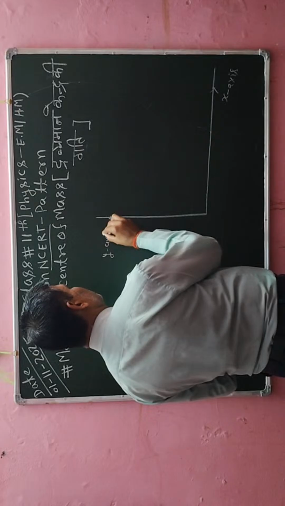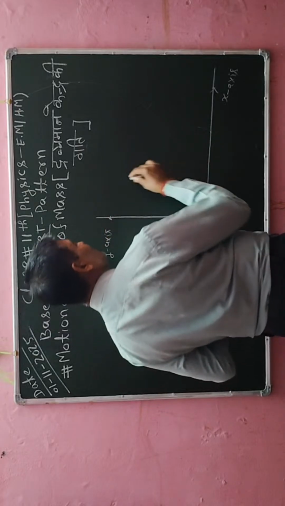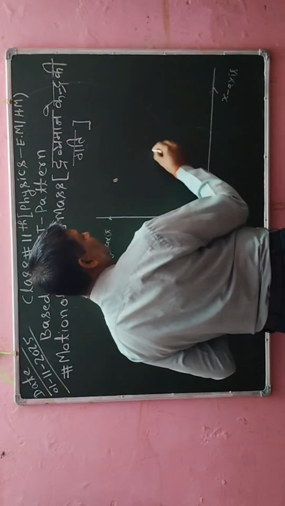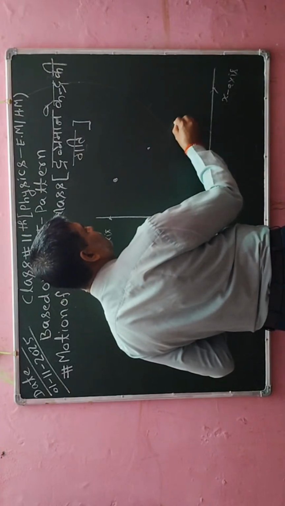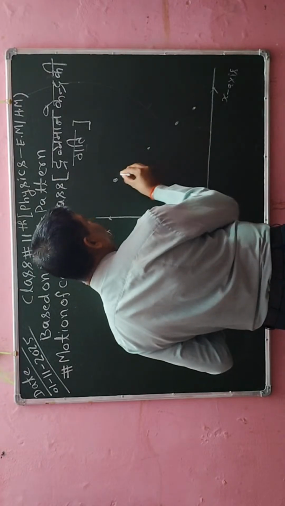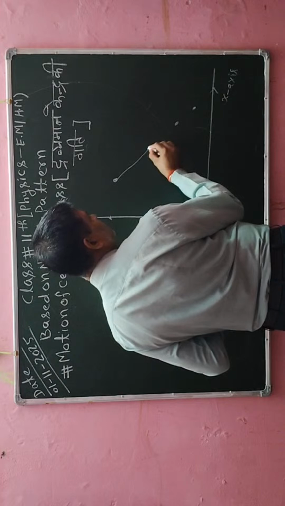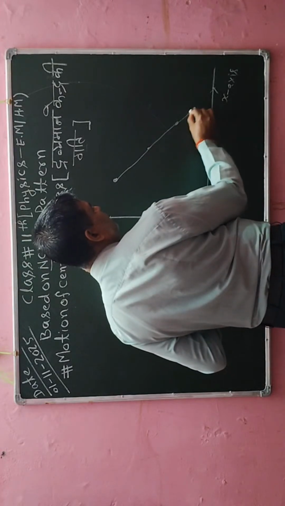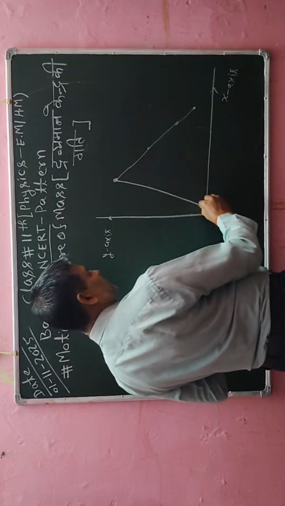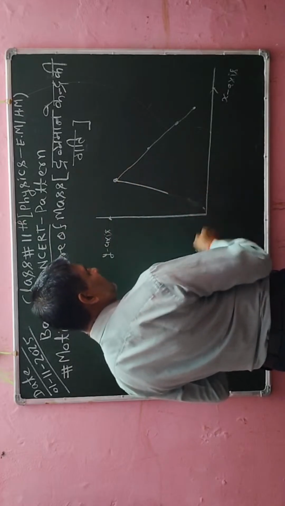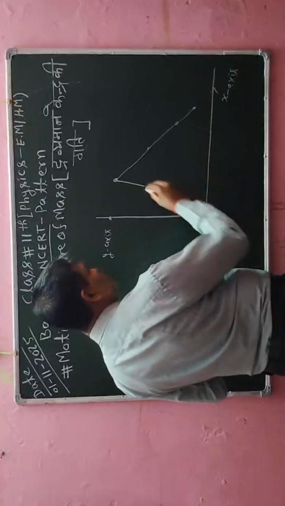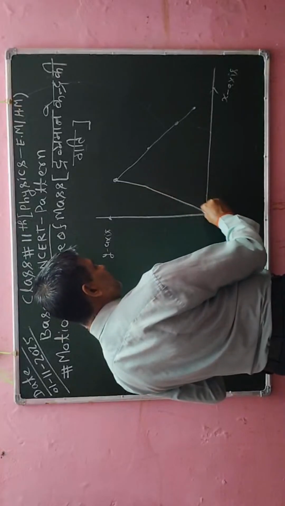Okay, now in this case I have taken several objects, and those objects I have combined with a line. So I have assumed the center of mass will be on the same line. I have already considered the intersection of the x-axis and y-axis, that intersection point will be the origin.